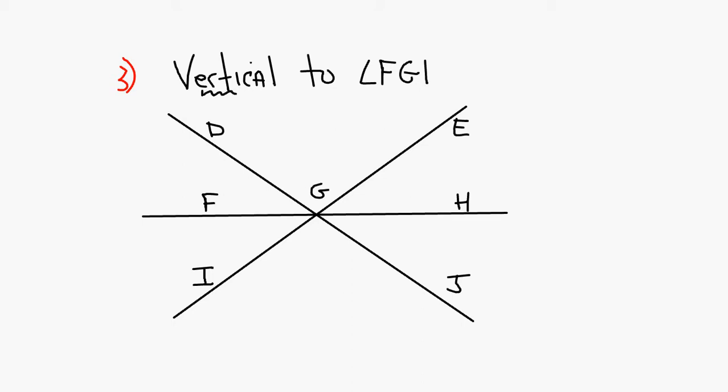So vertical to FGI: find FGI first. It's right here. The angle that is opposite of that one, just extend the lines through this vertex. So opposite of that one is going to be this blue one right here.